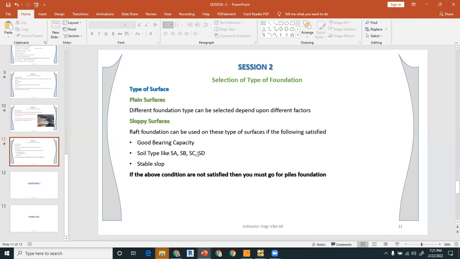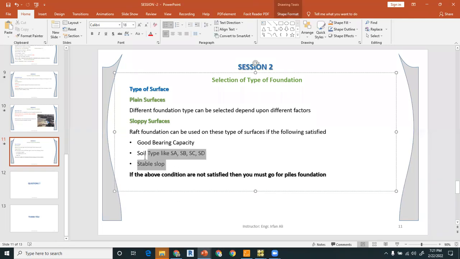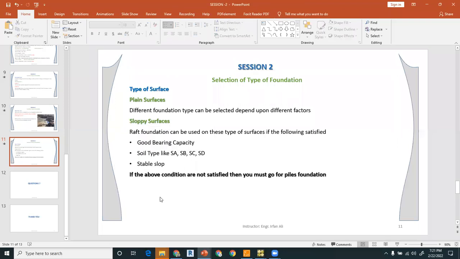And the second is a stable slope. This is the most important factor in case of sloping surfaces in hilly areas. If the surface is not stable, there is no stable slope, then you must go for the piles. If any of these conditions is not satisfied, you must go for the piles foundation.